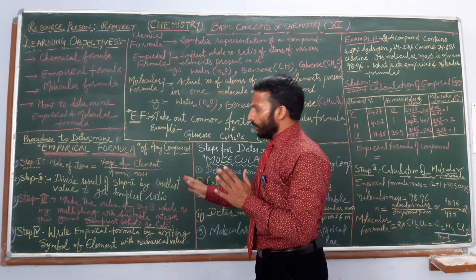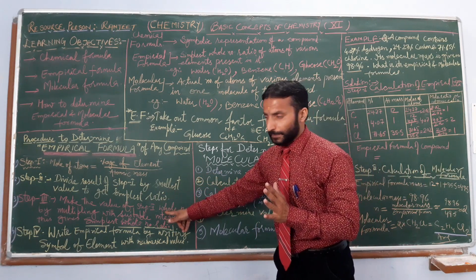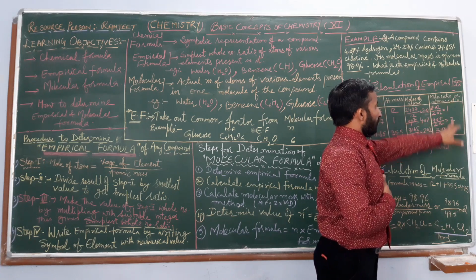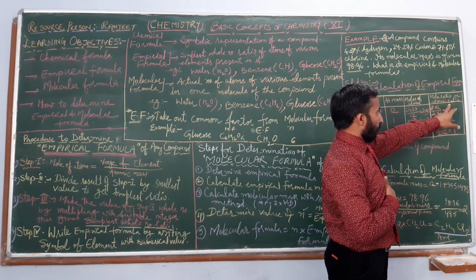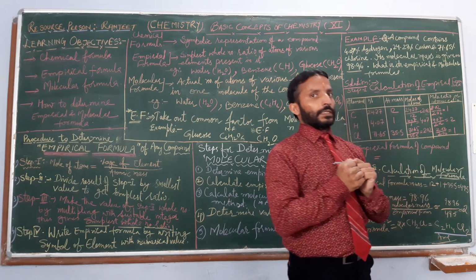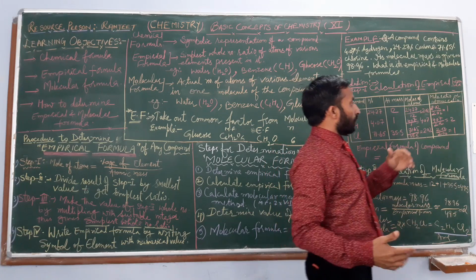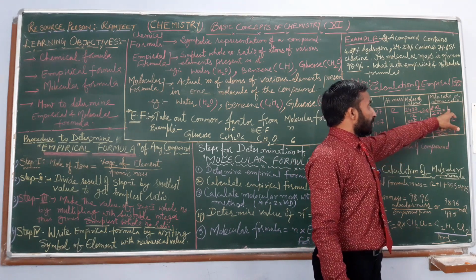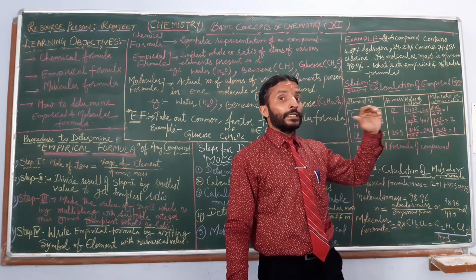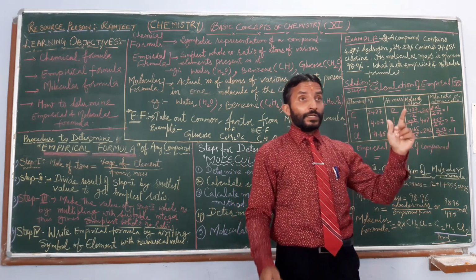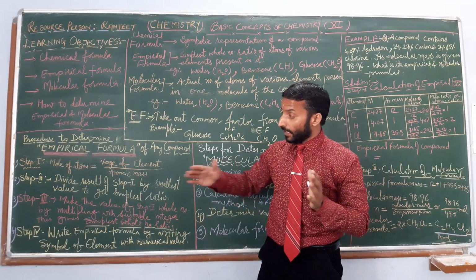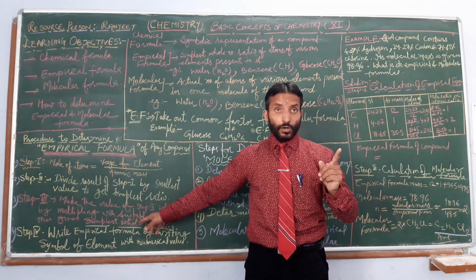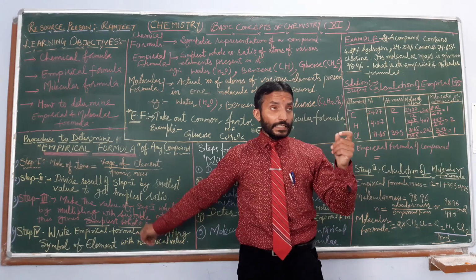Okay, when do we proceed to step number 3? If I do not get the simplest atomic ratio in whole numbers, in that case we proceed to step 3. There we have to convert these values. If it is in fraction, then how to do it? We multiply the values of the second step with the smallest integer.